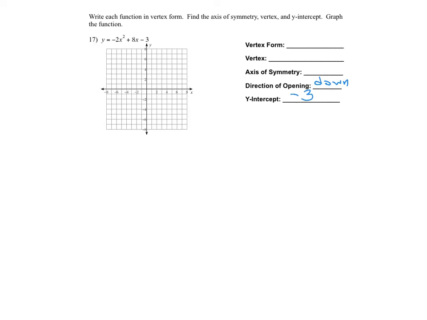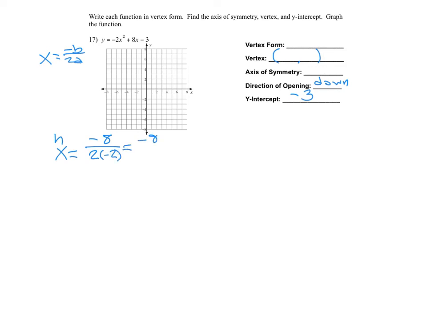All right, next thing I want to do is get my axis of symmetry. Same formula as before, x equals -b over 2a. So this is also going to give me my h value, which is going to be the x part of my vertex. So I have -b, so -8 over 2 times our a is -2.